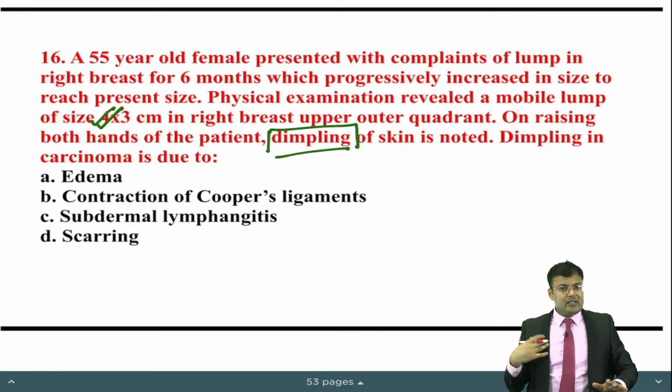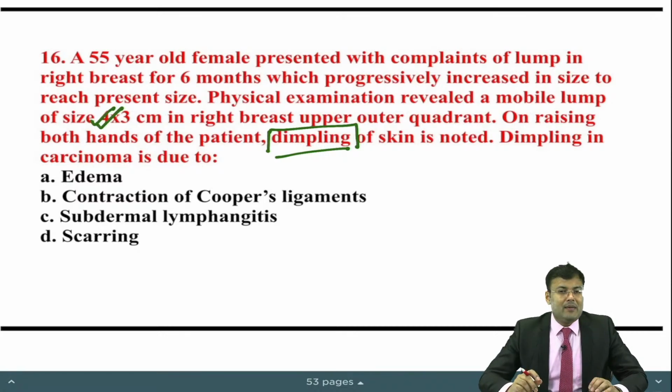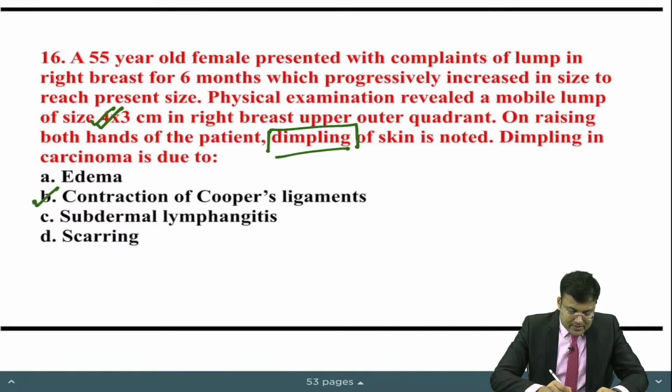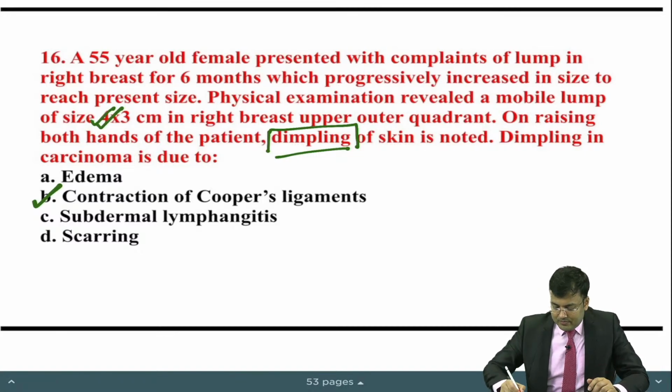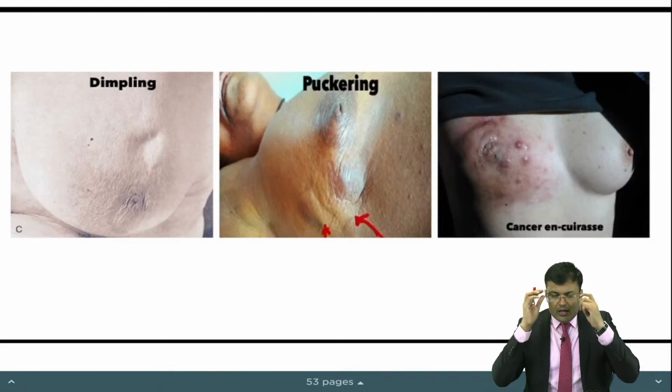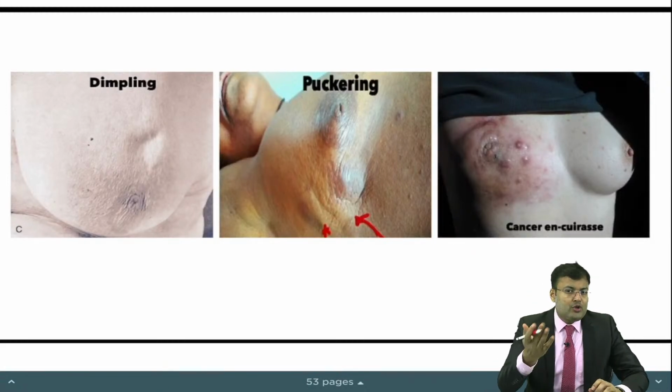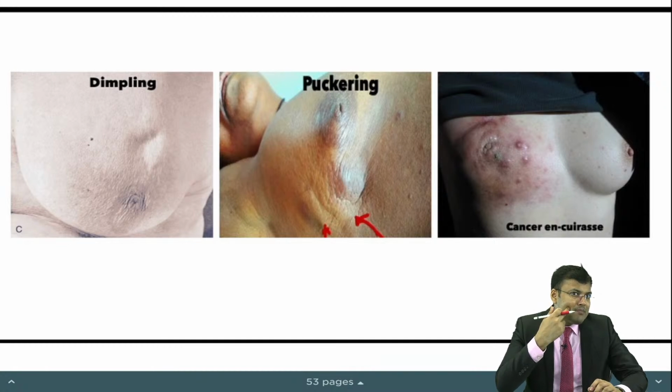So it is because of contraction of ligament of Cooper. So that is dimpling. Okay. Some of you are confused about what is dimpling, what is puckering, and what is cancer en cuirasse. See the picture. If you see this picture, I'm sure you have seen dimples. Dimples means depression.